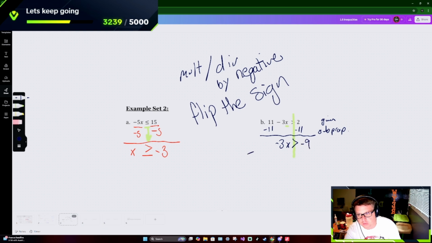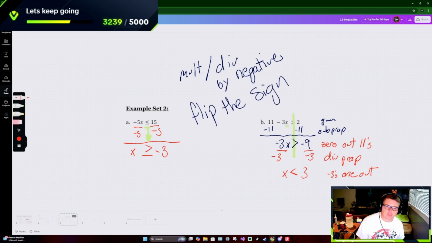But once I divide, so this would be 0 out the 11s. I'm going to divide by negative 3, so that's the division property of equality. The negative 3s are going to 1 out, so that I'm left with x, and then I have to flip this sign, and then this becomes a 3. So x is less than 3.